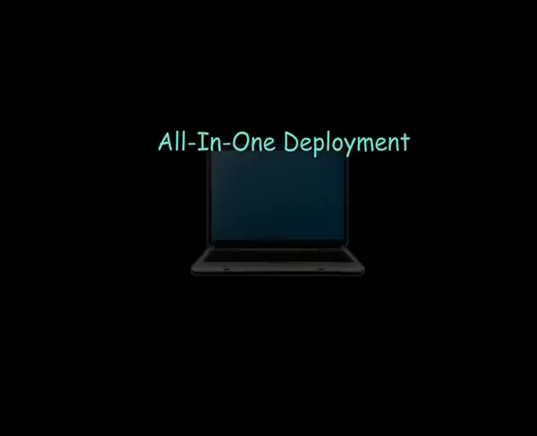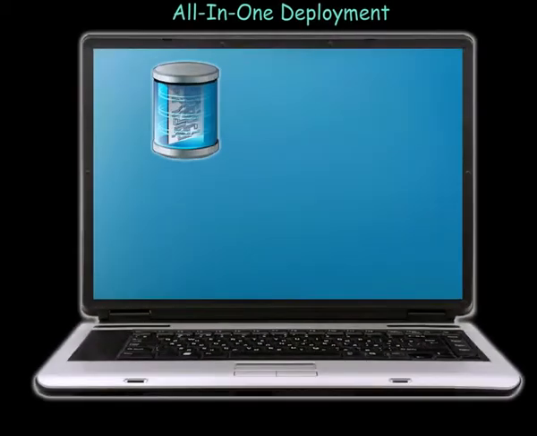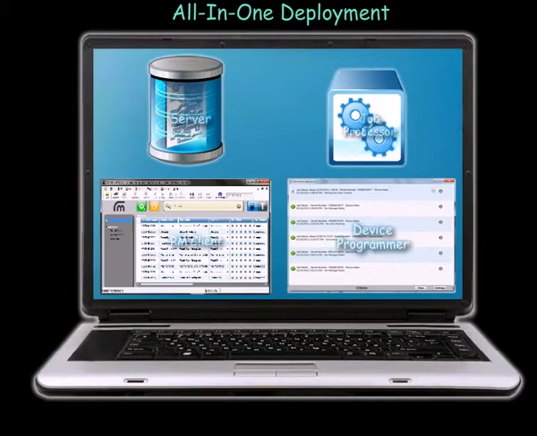Motorola's radio management options. To meet your operational needs, a radio management system can be deployed in a variety of configurations. For instance, the all-in-one deployment is the most basic deployment configuration. In this configuration, all 4 RM components are installed on a single computer.